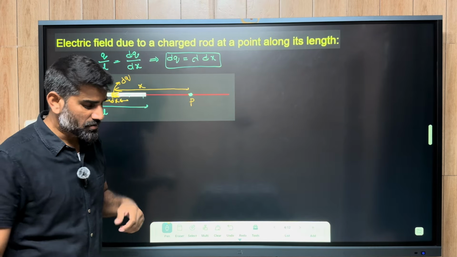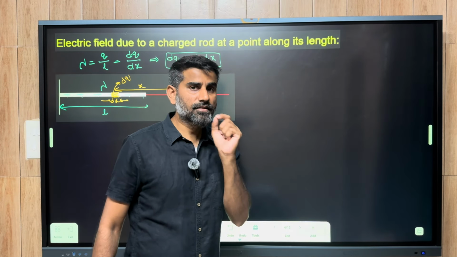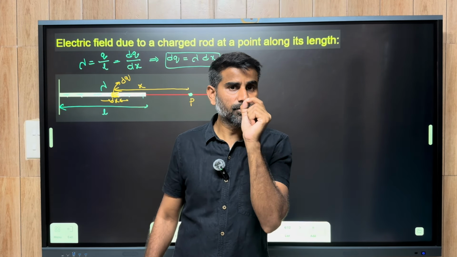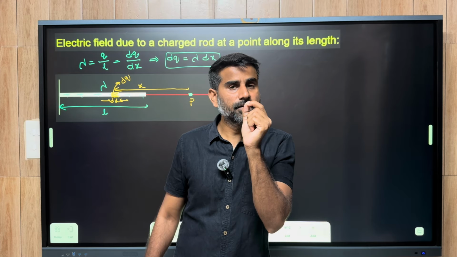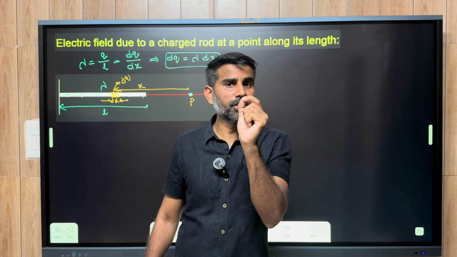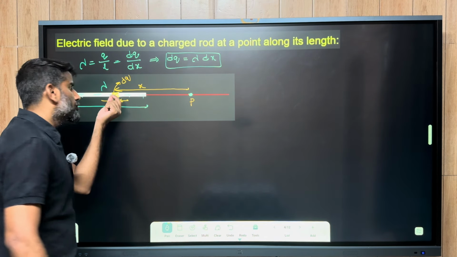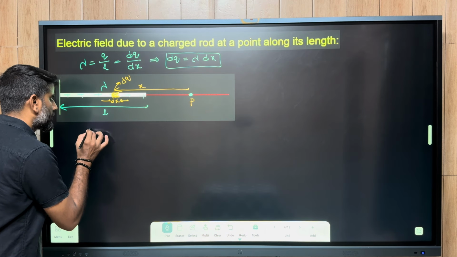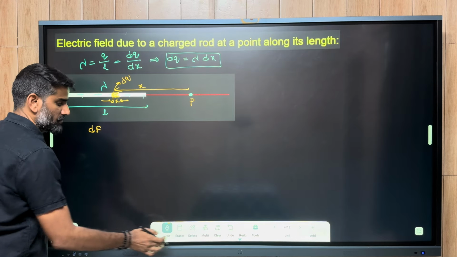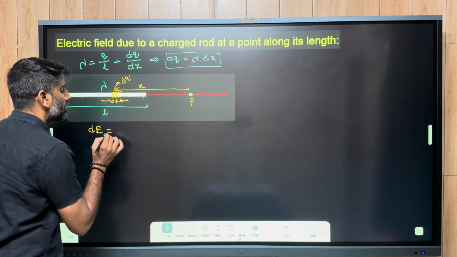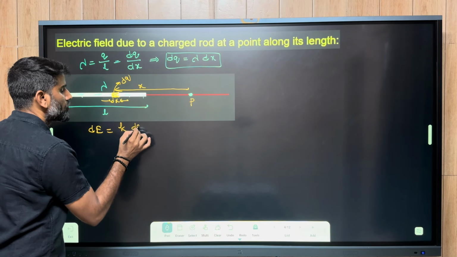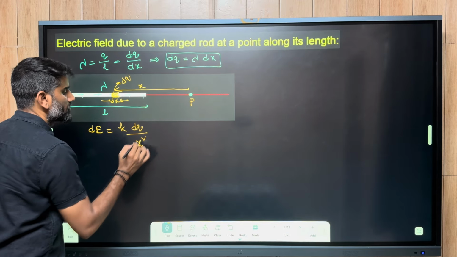It is a very teeny tiny small element, which means we can consider the small elemental charge as a point charge. So the electric field due to this point charge, dE, is equal to k dq by x square.